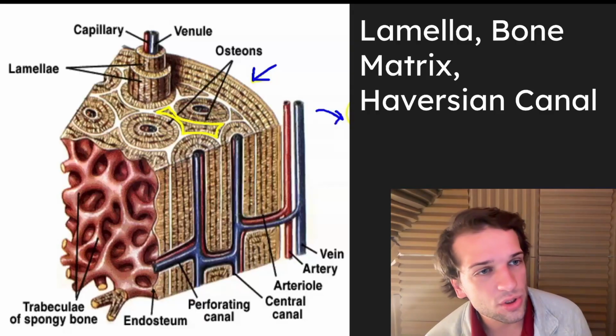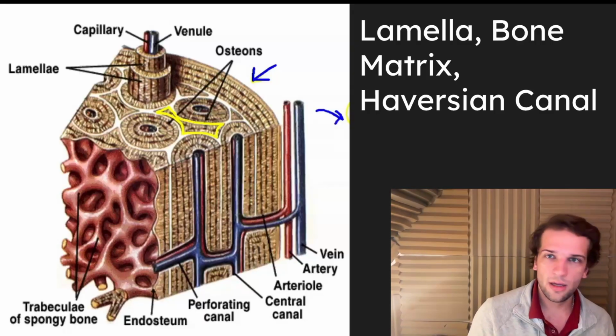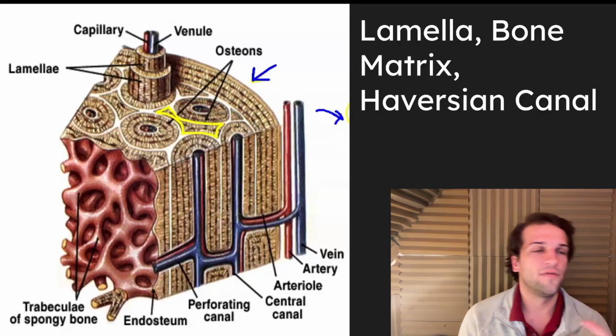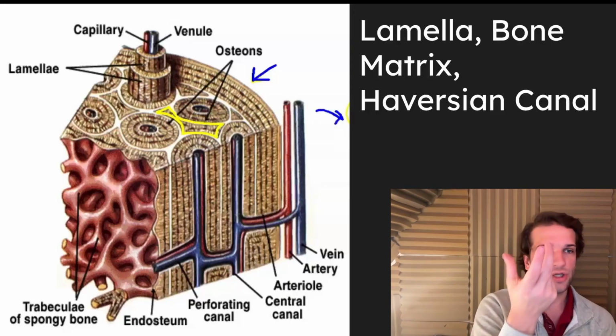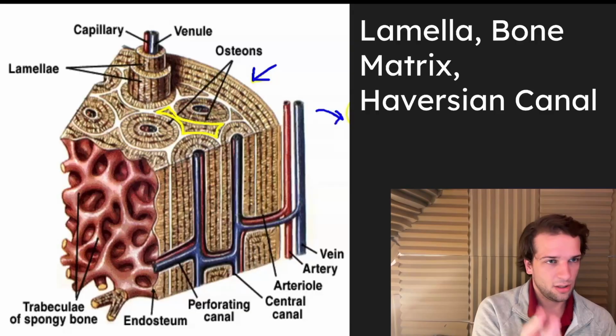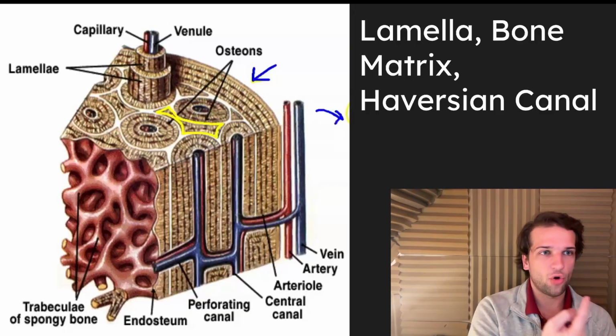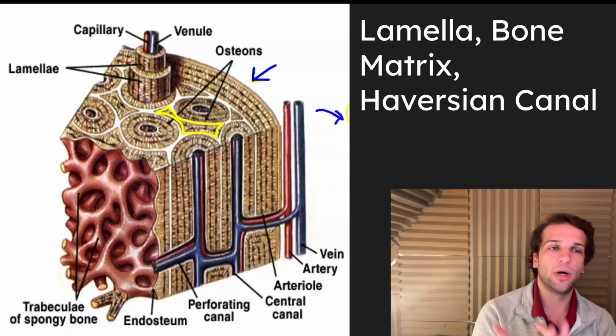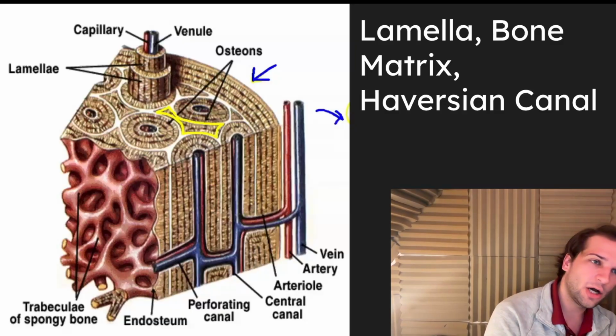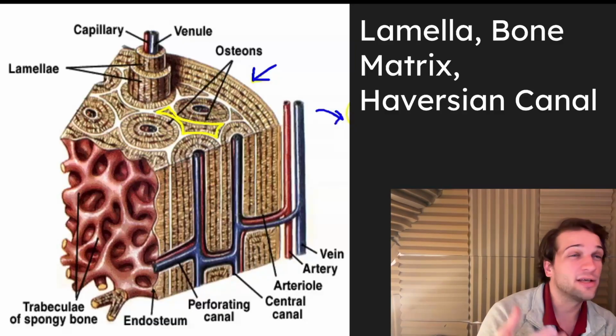Right, the next couple words we want to try and connect here are lamella, bone matrix, and Haversian canal. For these three, Haversian canal is in the middle. Lamella ring around the Haversian canal and are made out of bone matrix. So lamella are just rings of calcium.